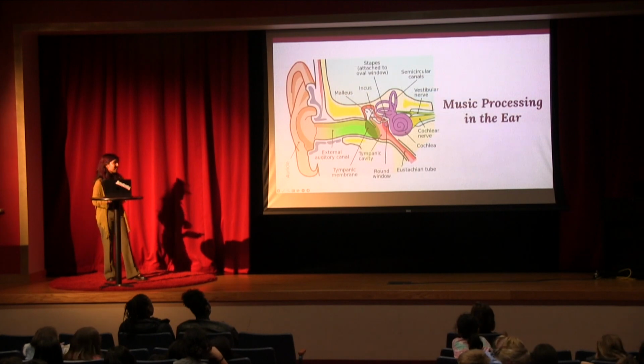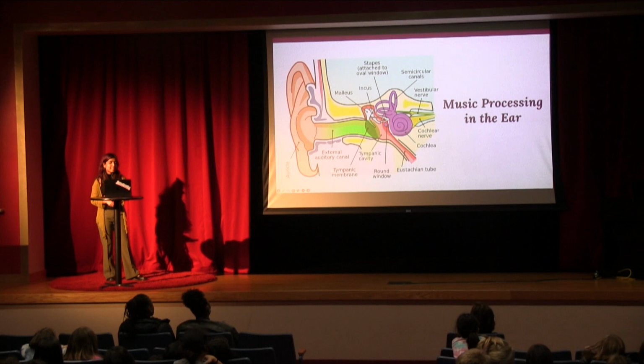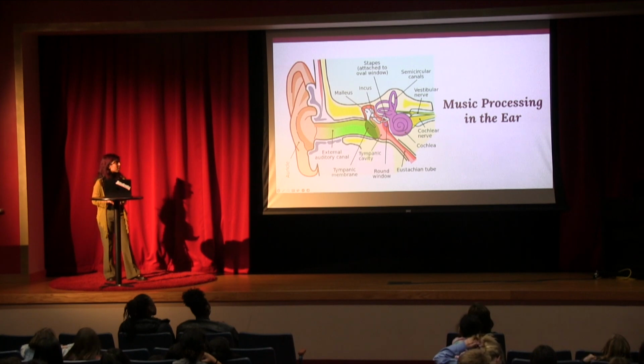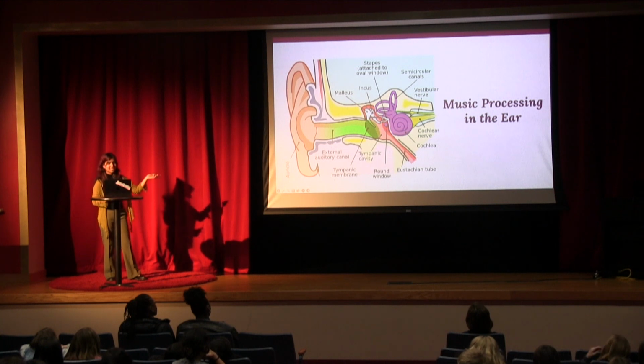In the ear, a more anatomical look at things, sound waves hit the outer ear and cause vibrations in the eardrum and in the middle ear. The middle ear is that green area. After it hits the middle ear, it will pass through the tympanic membrane and into the cochlea, which is that snail-shaped thing.